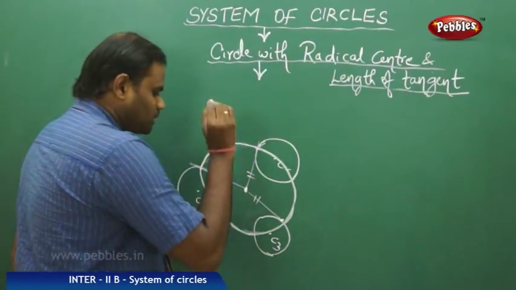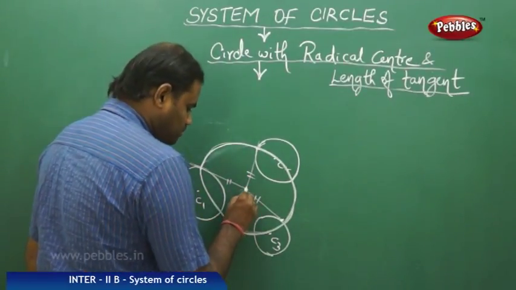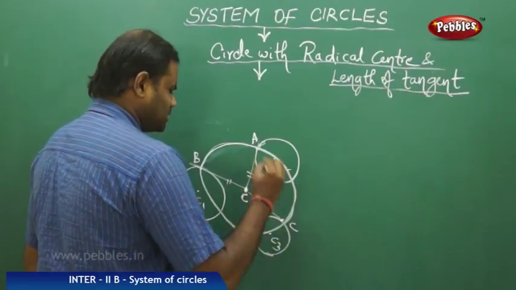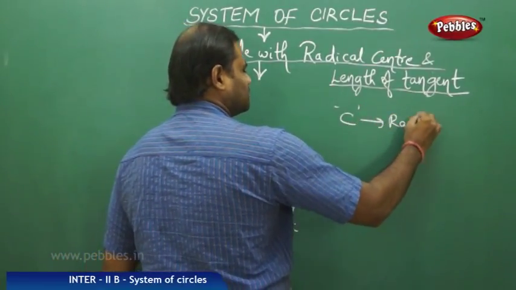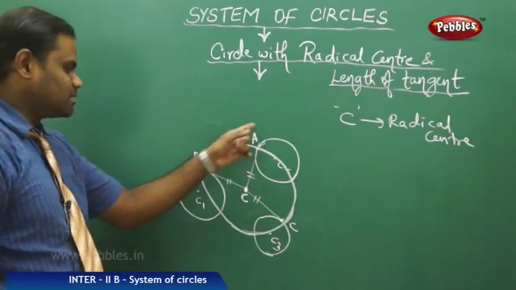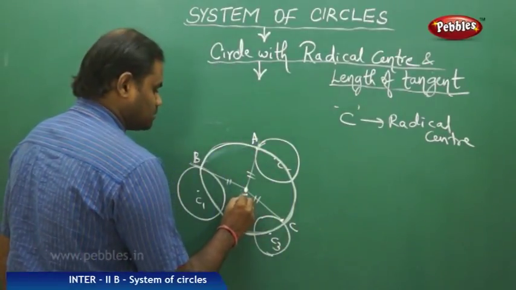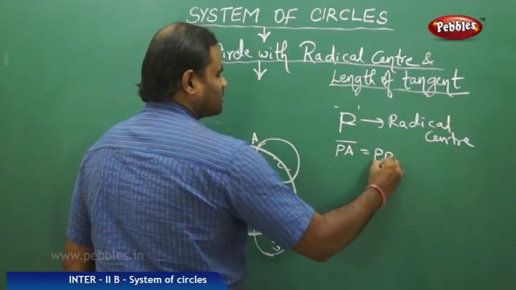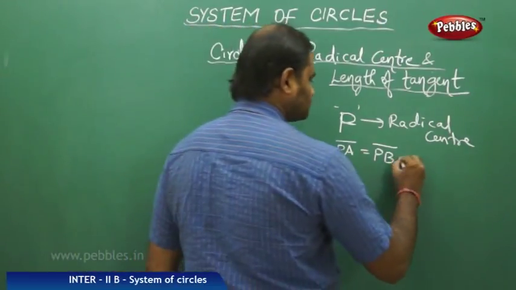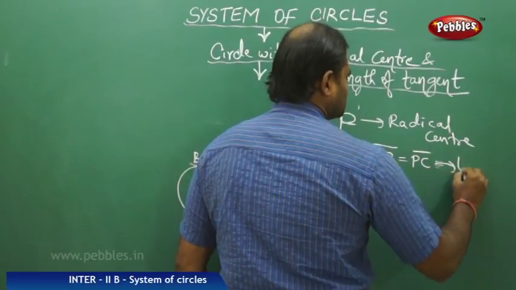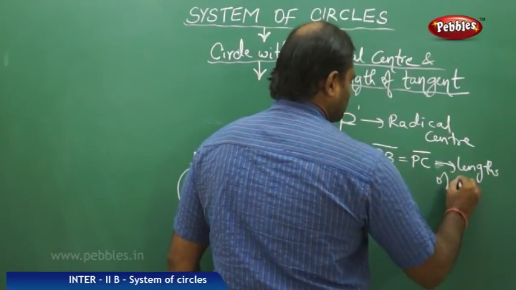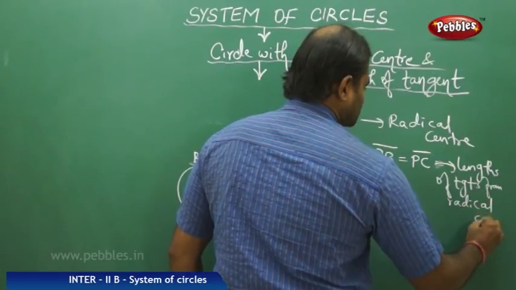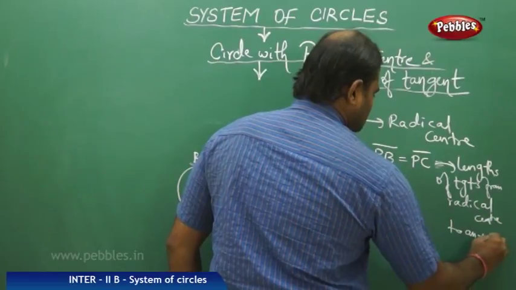Now the property which we identify here is that if this point I take as A, B, and C, and P is my radical center, then PA, which is equal to PB, which is equal to PC, are nothing but the lengths of tangents from the radical center to any circle.